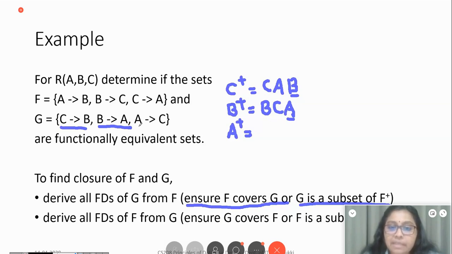Okay. Similarly, we find the A closure. In A closure I have A. Okay, and for the third rule, I'm checking now the third FD.